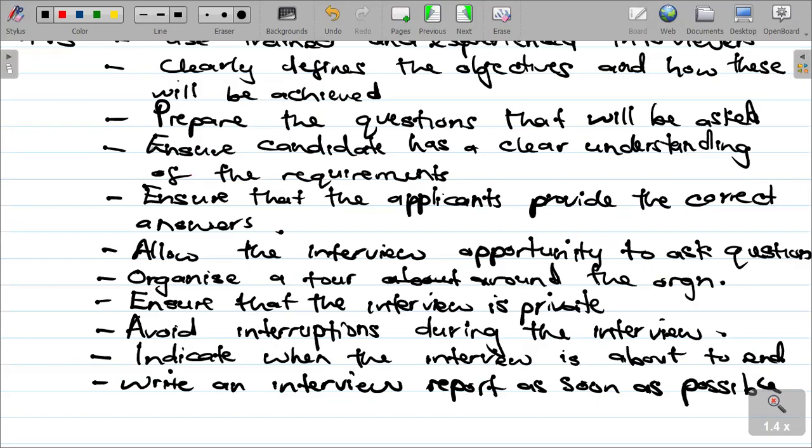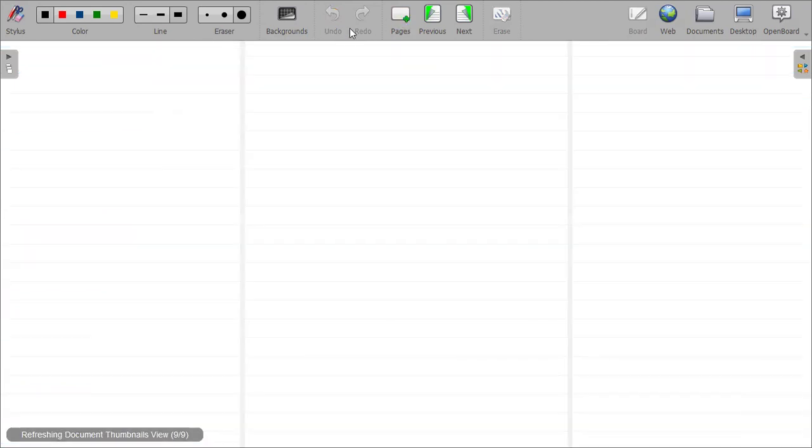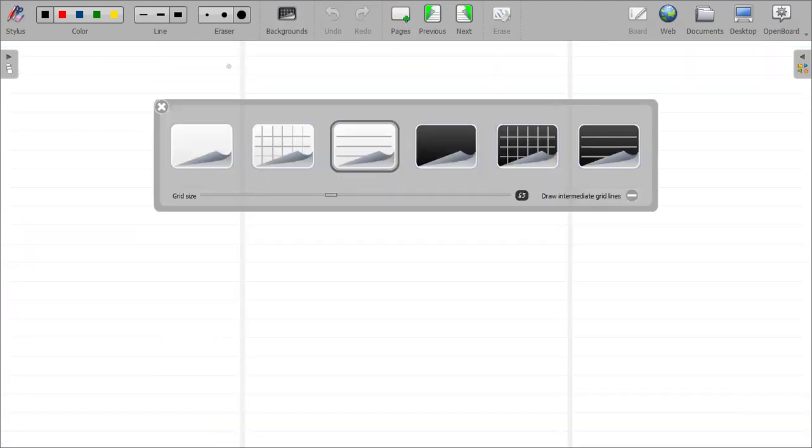They also want to measure the applicants' skills.